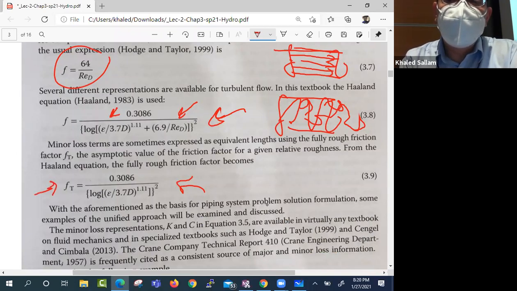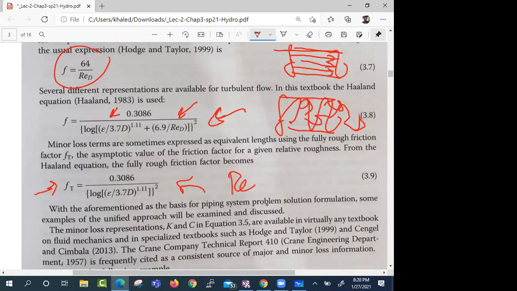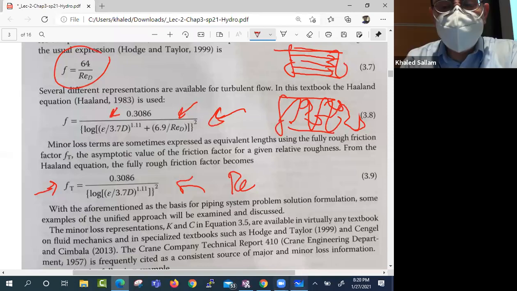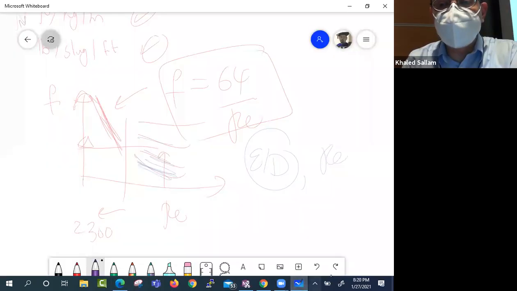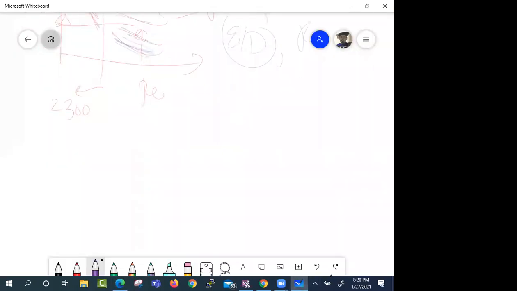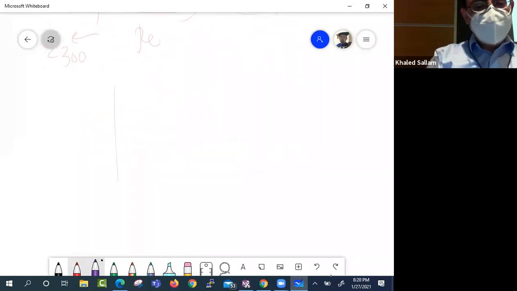When the flow is fully turbulent, fully rough, friction, what did we miss? We don't see the Reynolds. How does this look on the chart? The chart, what happened to my pencil? It's really weird. Why are they not focused?